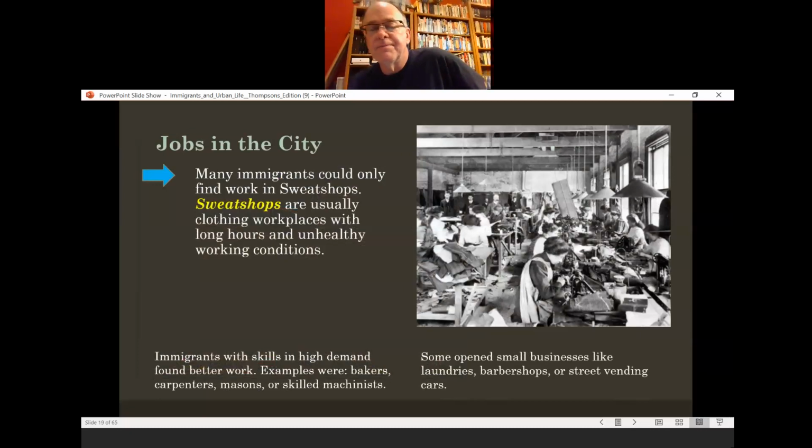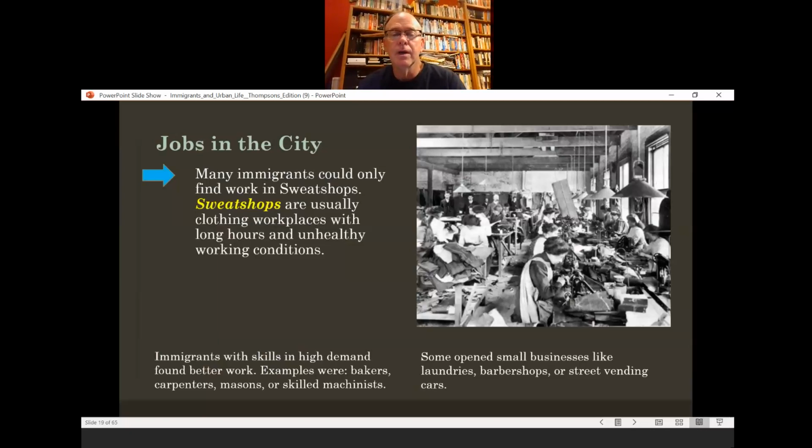All right, I ask folks to take a look at the people in this picture. We need to know the term sweatshops. Most industries and businesses back then that were very large, the big businesses we've talked about, were not usually very nice, great, wonderful places to work. Usually pretty unhealthy working conditions, long hours. We've discussed all of that.